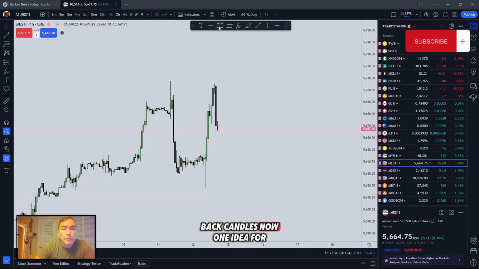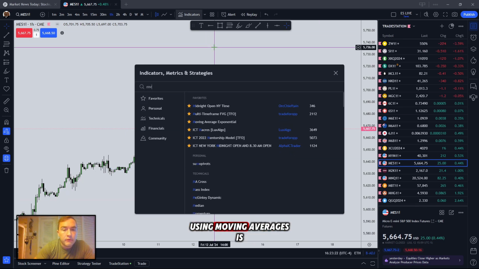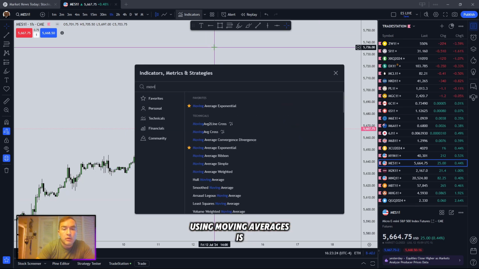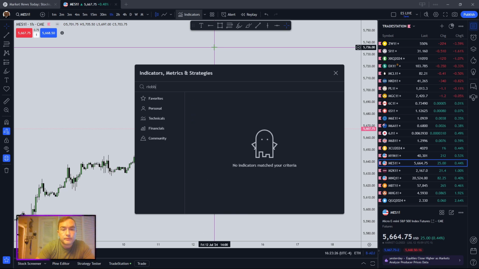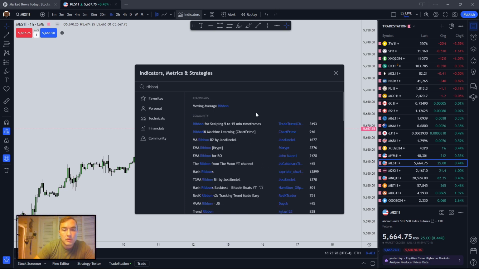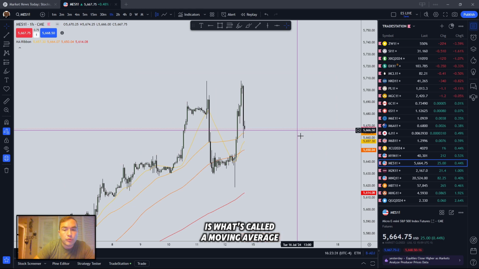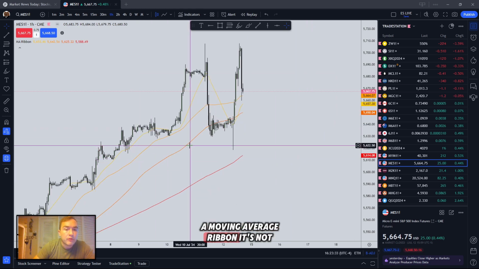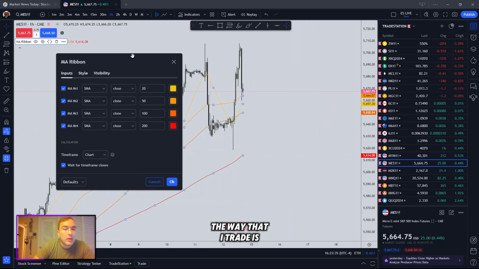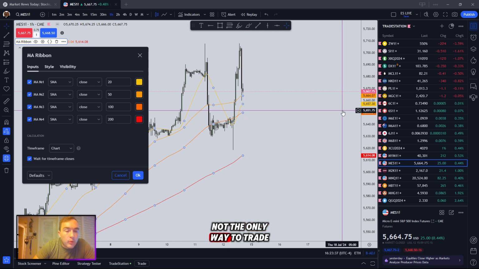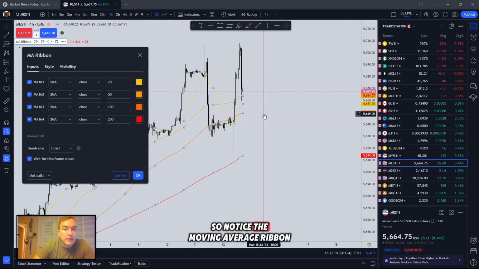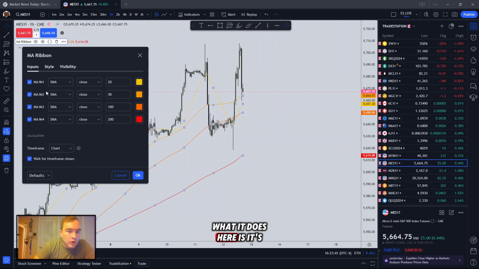One idea for using moving averages is what's called a moving average ribbon. It's not the way that I trade, but the way that I trade is not the only way to trade. Notice what the moving average ribbon does here: it adds different moving averages on the chart, in this example 4. They're all simple moving averages based on the closing price of that hourly candle.